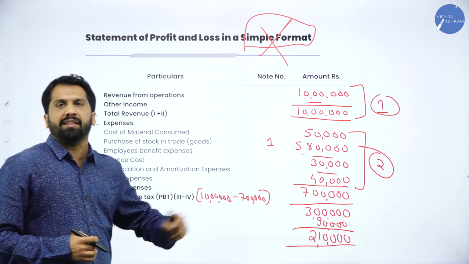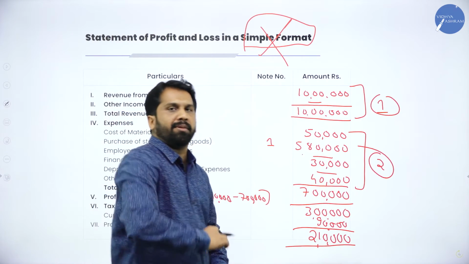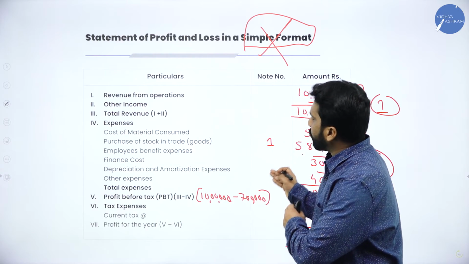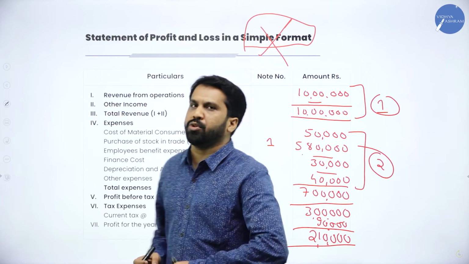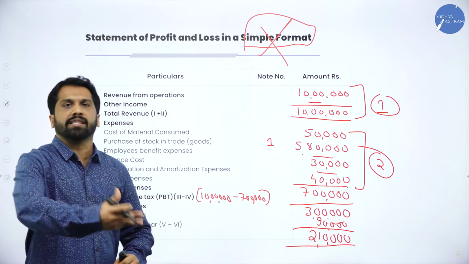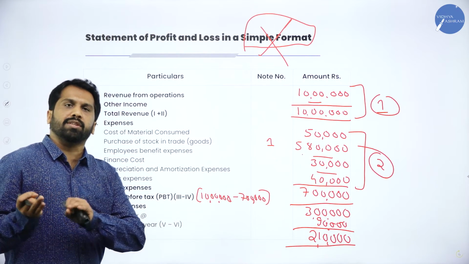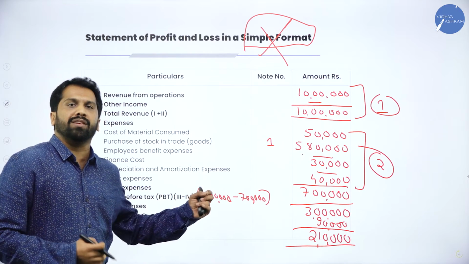So very simple calculation, simple format. You just have to remember the format. Once you are good in the format, it is simple copy-paste work. In between, small adjustments you may get, small working notes you may get, but all kinds of working notes you will get in every problem. The working notes will repeat.